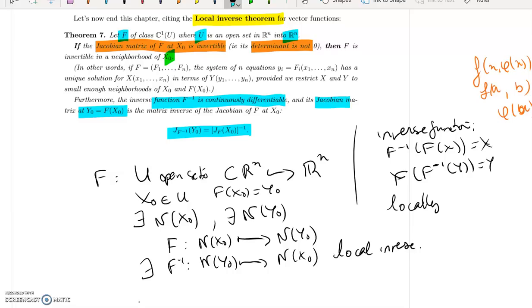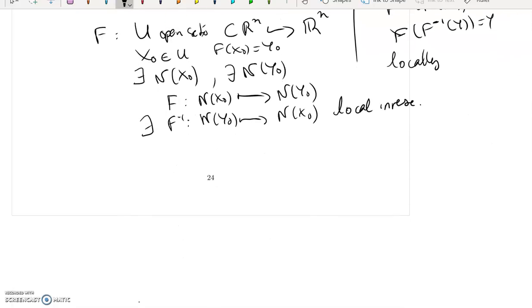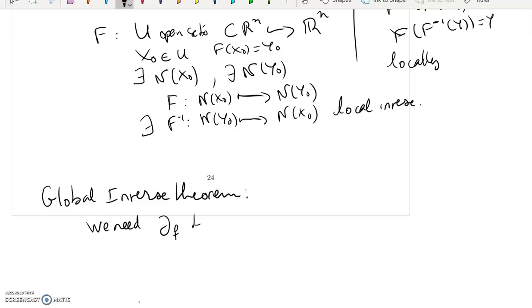And you would even have a global inverse theorem, which is not stated in that document. So maybe we can write that global inverse theorem. We need the Jacobian of f to be invertible everywhere.